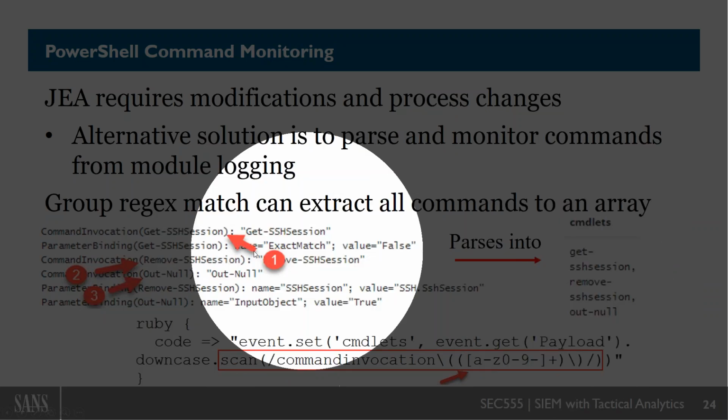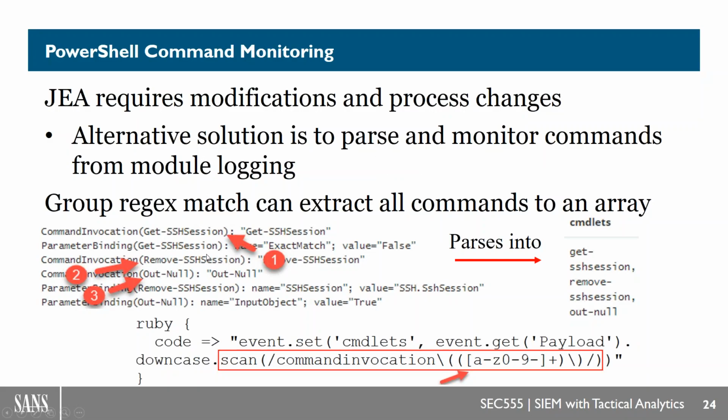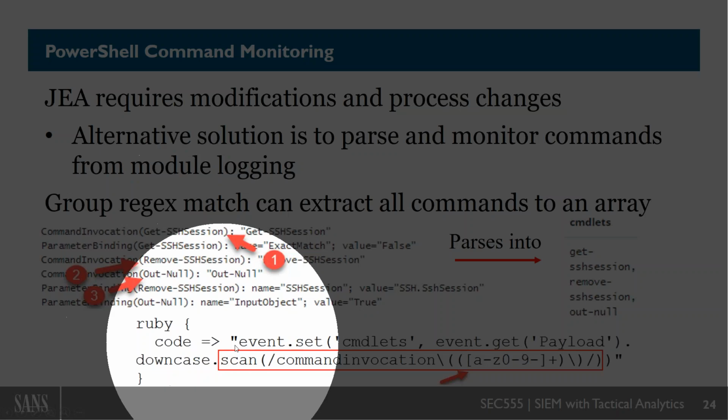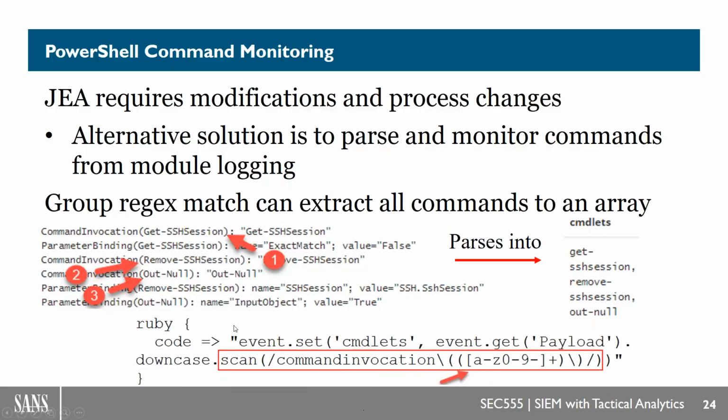I'm pulling out all of these. And in this case, I'm using Logstash. And here's how I'm pulling it out. Grab every time a command invocation is seen, pull out the cmdlet. Now, if you have a list of every PowerShell cmdlet you run in your organization, what do you have?